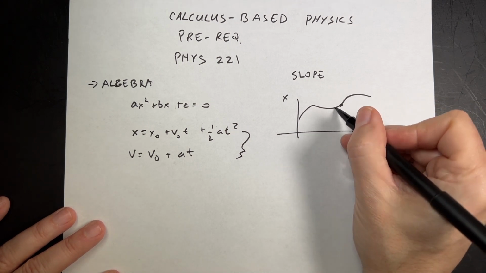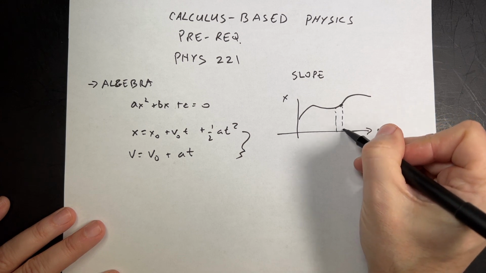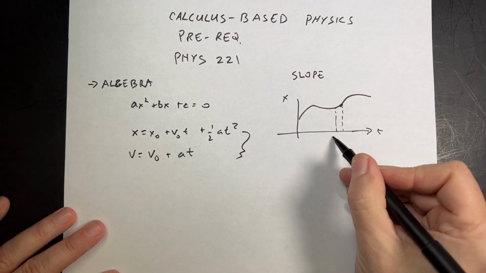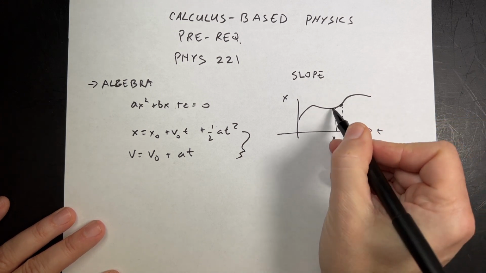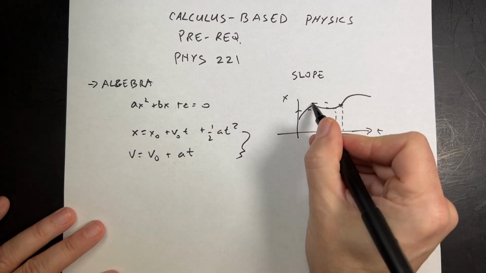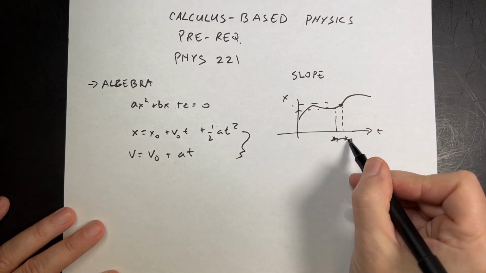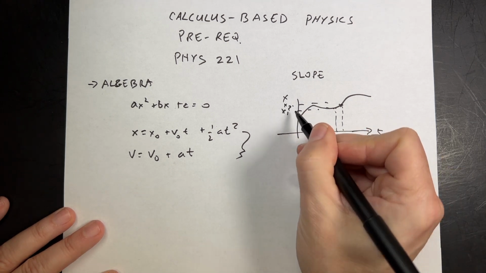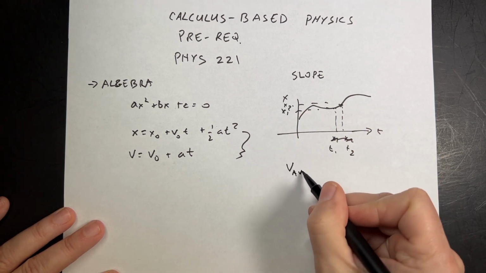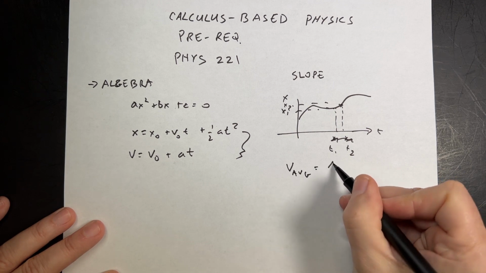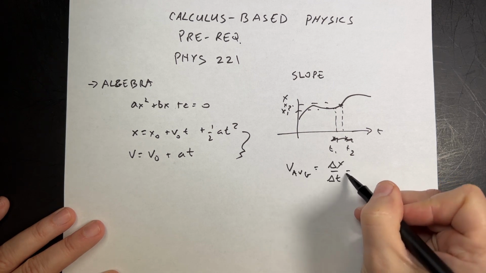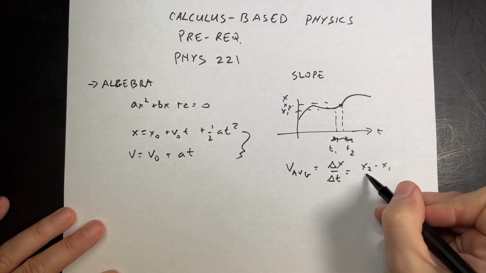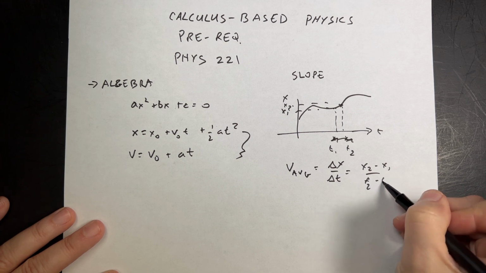I can take a small segment right there. I can say this is x1, x2, and then follow this over here, t1, t2. Then V average, which would be the slope, would be delta x over delta t, which is x2 minus x1 over t2 minus t1.